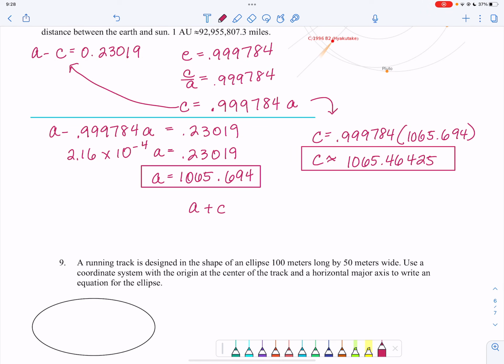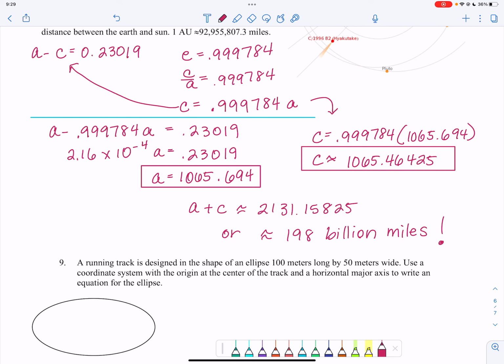So A plus C is about equal to 2131, or approximately 198 billion miles.